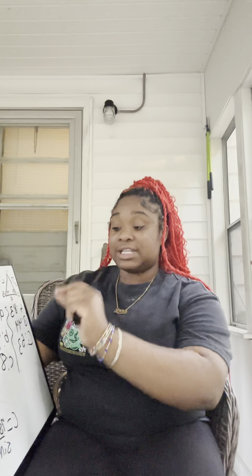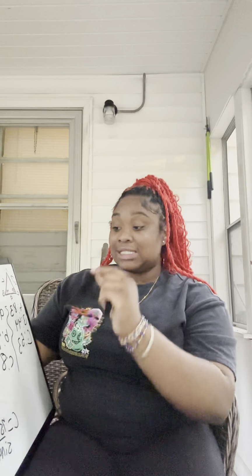So, C over sine 53 equals B, because that's something that we already have.